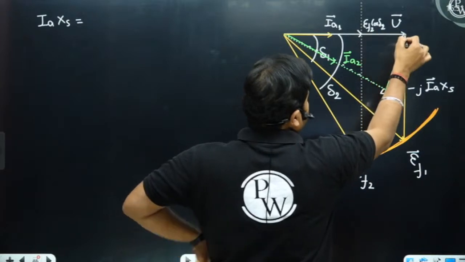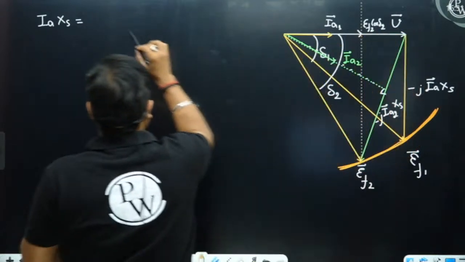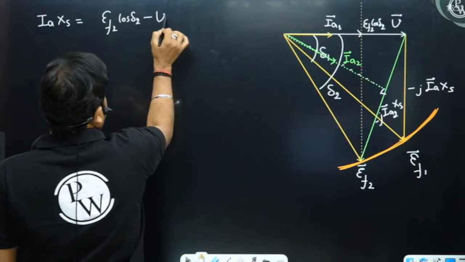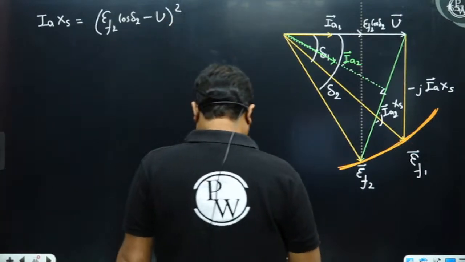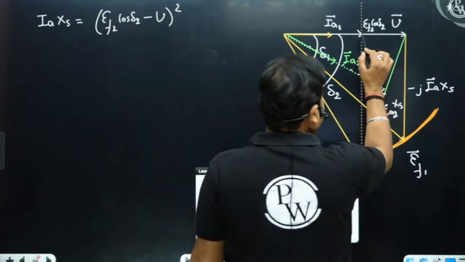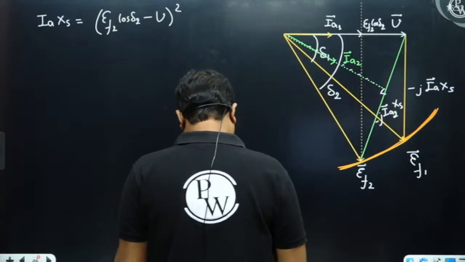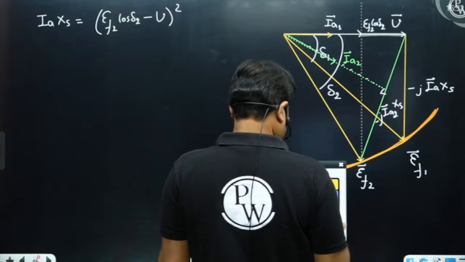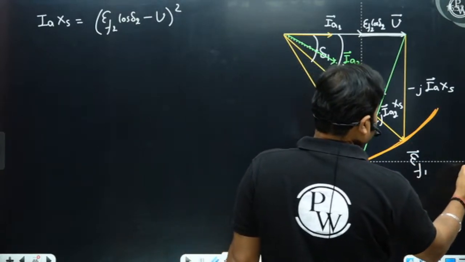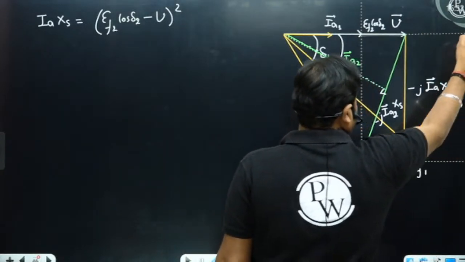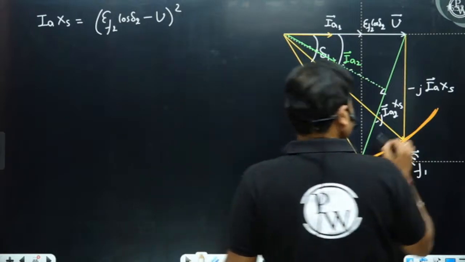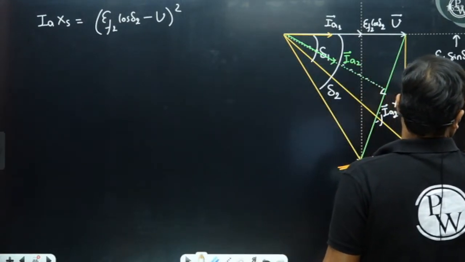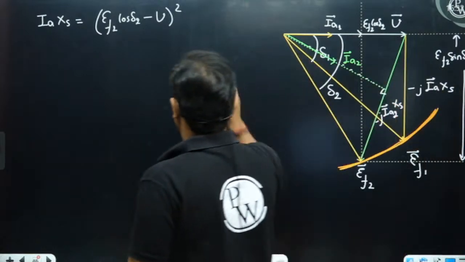Yes, sir, this is V. So the difference is EF2 cos delta 2 minus V. I'm showing you this part. Further, if you observe, we have this part, this is your EF2 sin delta 2.